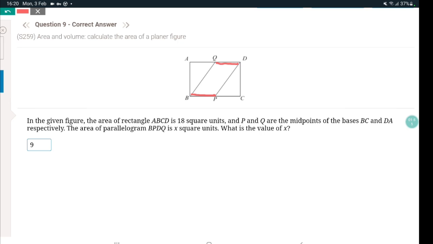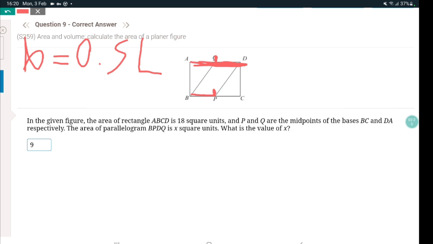So the bases, they said these are the midpoints, right? So the base is equal to 0.5 of L, 0.5 of length.